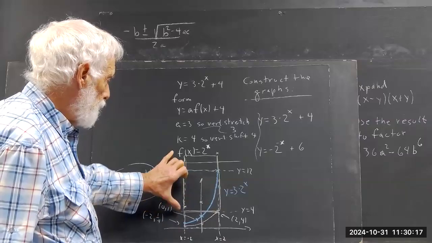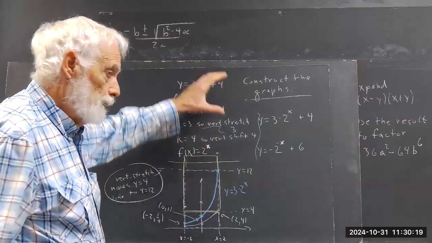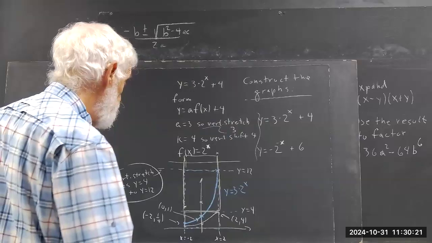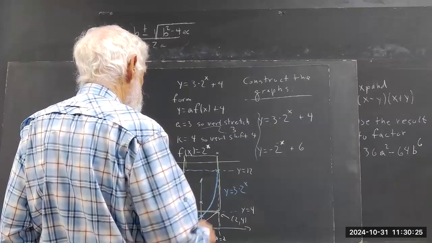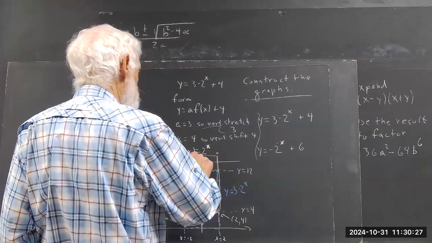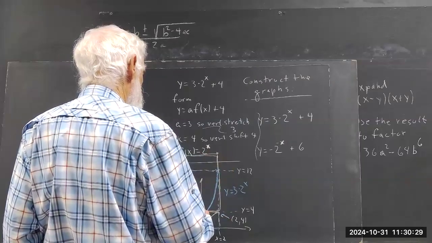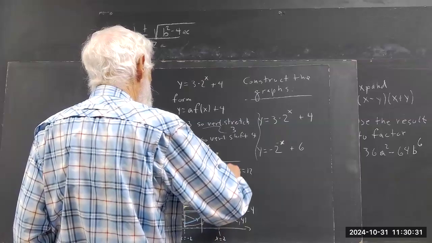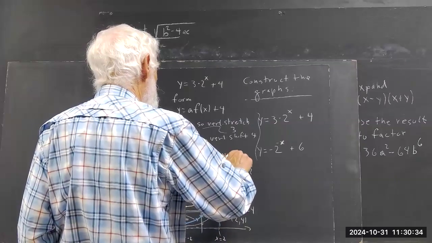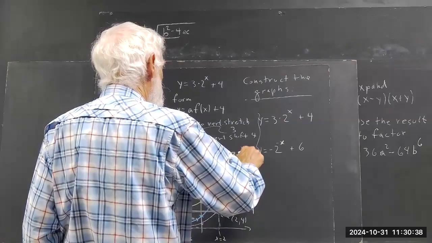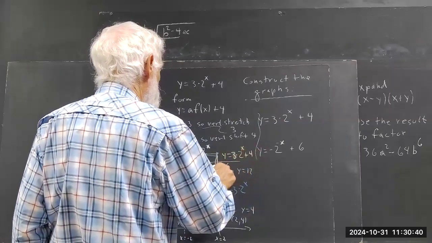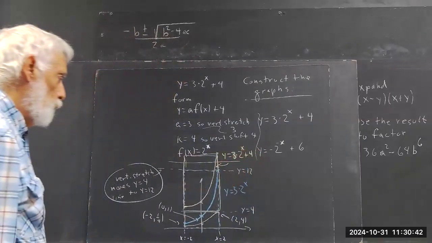Then we moved the blue box up 4 units, and everything moved up 4 units. Of course, this is all consistent with these 3 points. And right here is y equals 3 times 2 to the x plus 4.